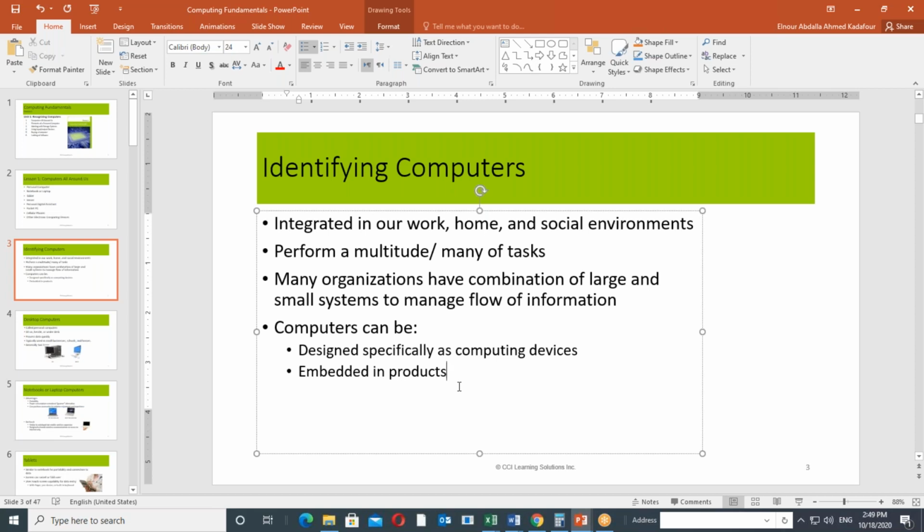Please focus with me on the second point. Computers can be designed specifically as a computing device, that's it, it is just a computer and cannot do more than that. But embedded means included within a product. What do you mean by that?